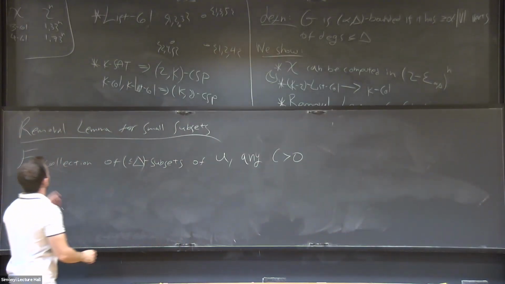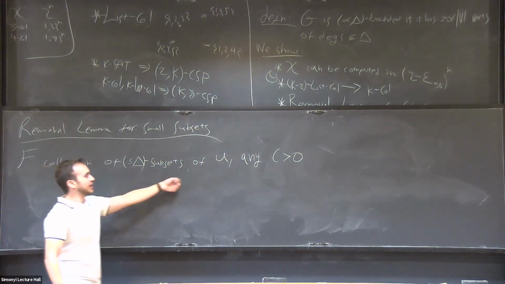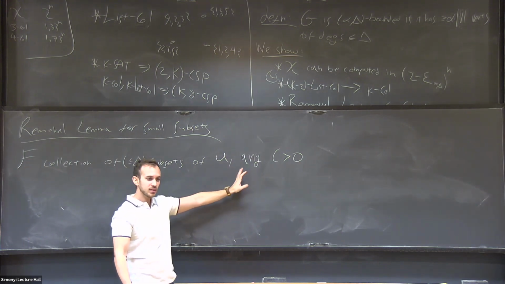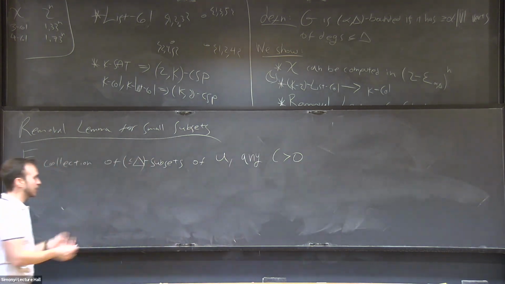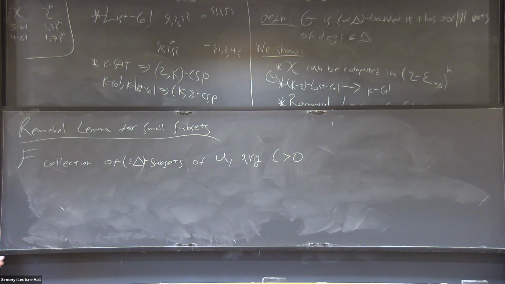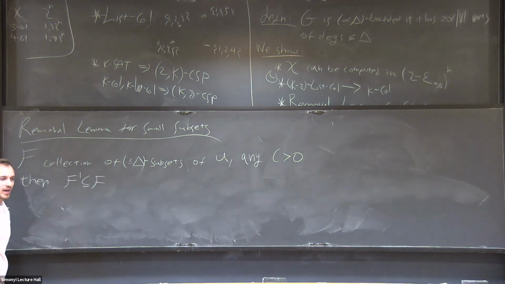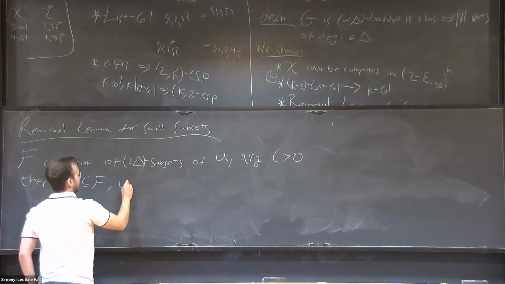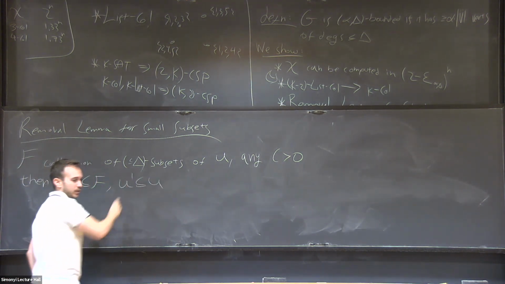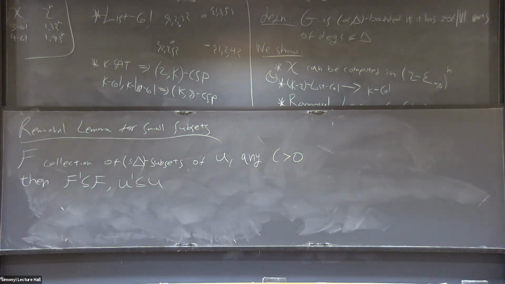So let's say I have some collection of delta subsets of some universe. This is the underlying set from which my subsets are taken. Then there is always a sub-collection script F prime and a subset of the universe U prime such that the two following conditions hold.